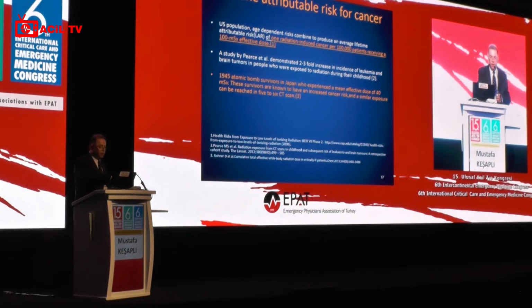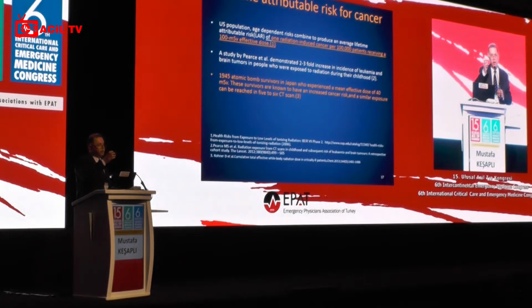If you get 100 millisievert of effective radiation dose, for every 100,000 people, one of them is triggered to develop a solid cancer. Especially if you are using it on the brain, especially in children, you are also triggering leukemia and glioblastoma 2 or 3 times more.